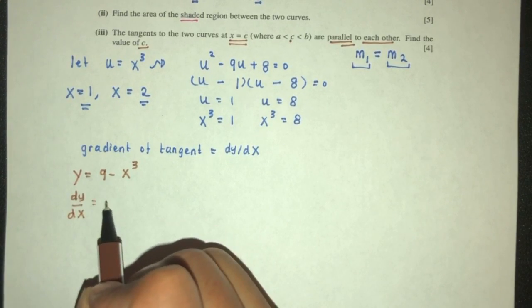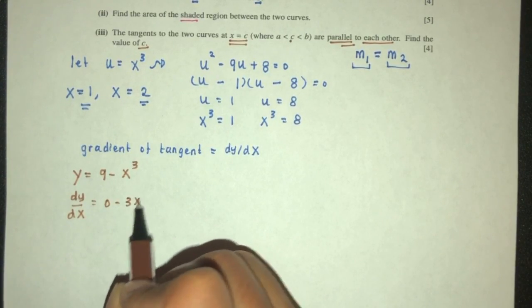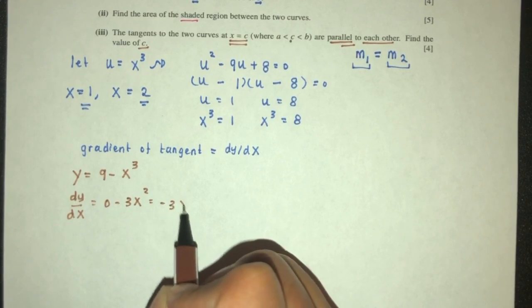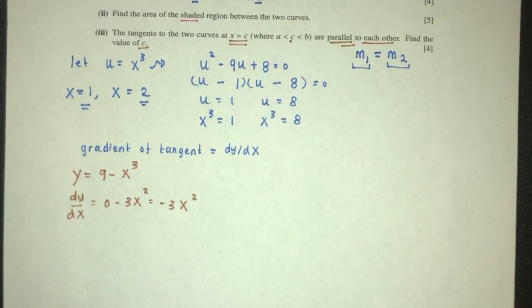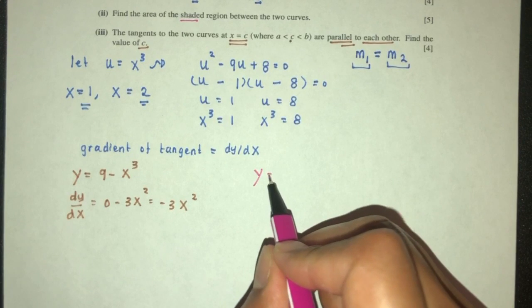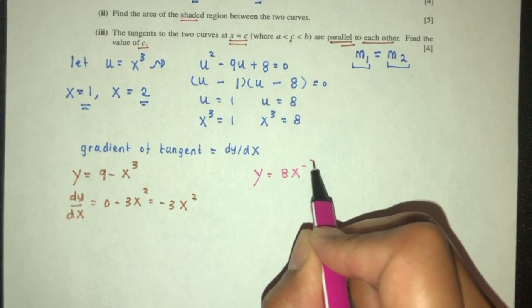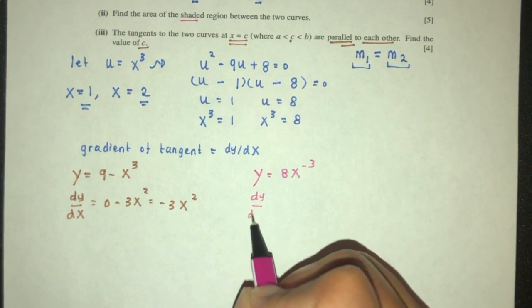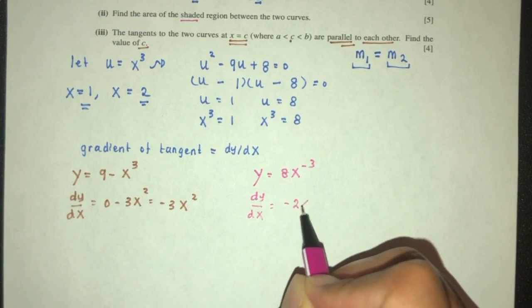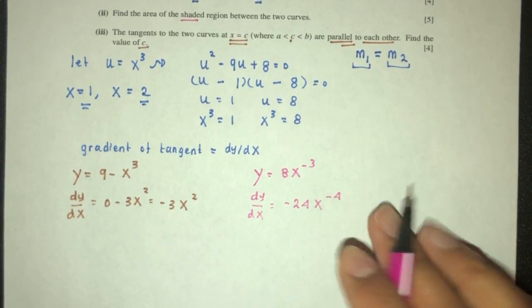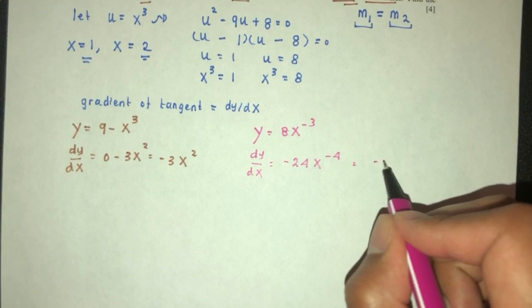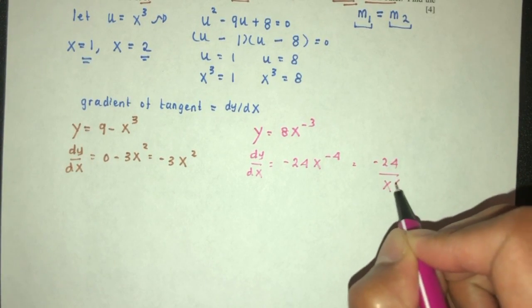That will be 0 minus 3x squared, which is minus 3x squared. Now for the other one, we know we had y equal to 8x to the minus 3. dy by dx should be minus 24x power minus 4, which is equal to minus 24 over x power 4.